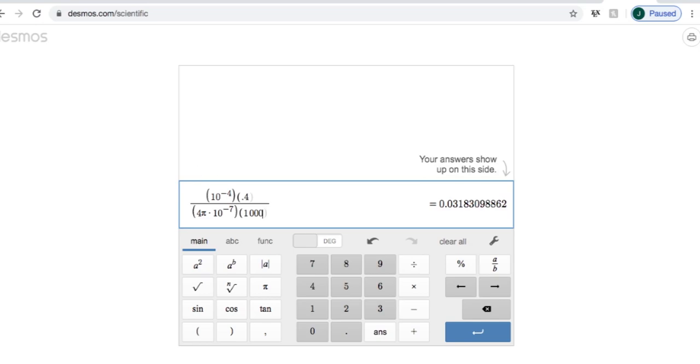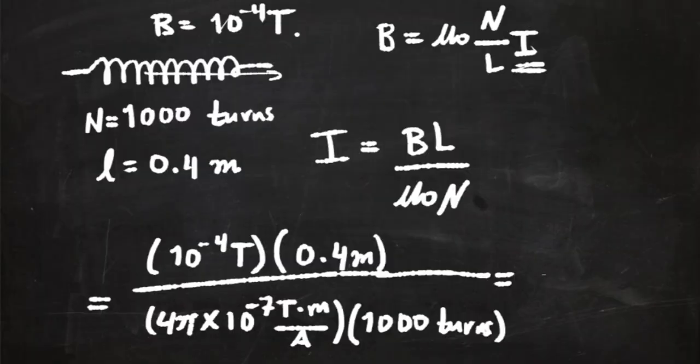And using a calculator, I got about 0.032. And this is a current, so we would hope that the units come out to be amps.